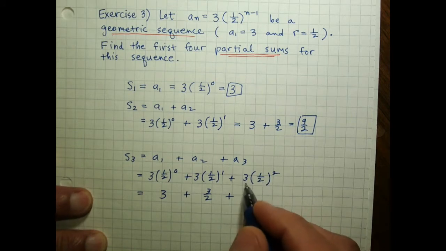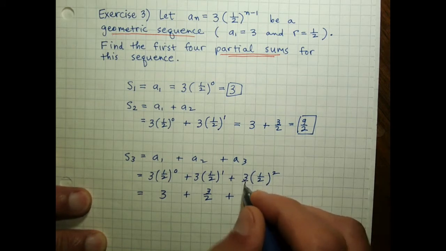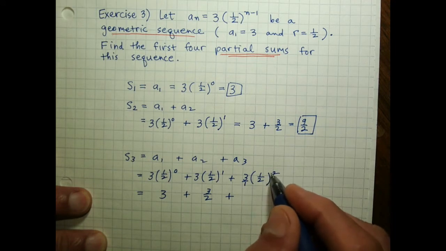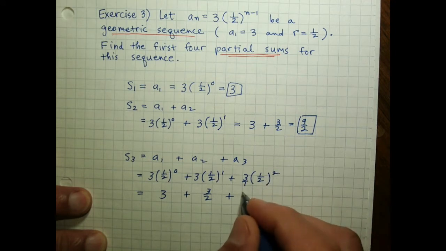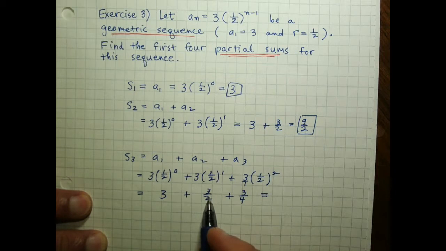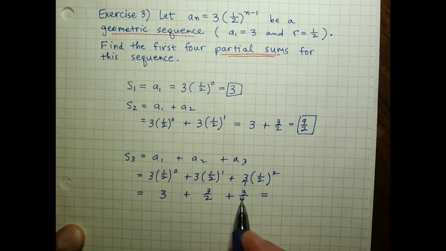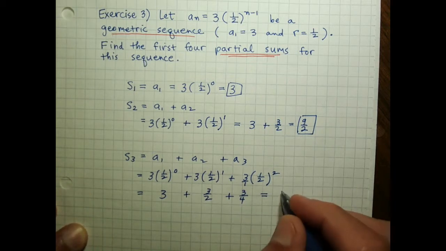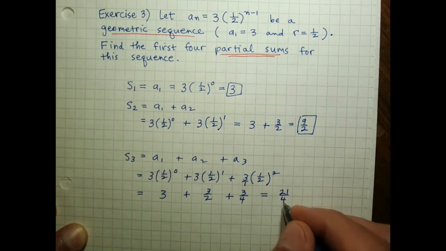That 3 is like 3 over 1, right? 3 over 1 times 1/2 squared is a 4th, so 3/4. So I got 12/4 plus 6/4 plus 3/4, which is 21/4. I got 21/4 here.